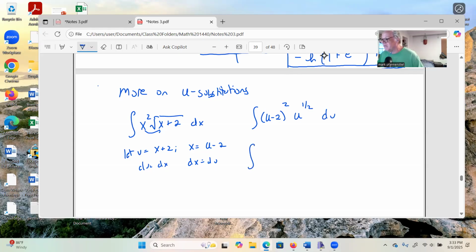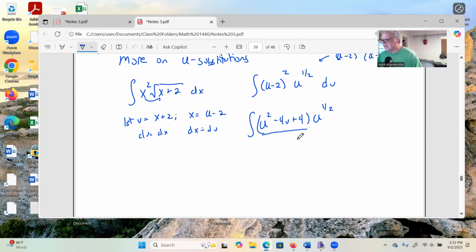So let's go ahead and multiply this out. Just FOIL this out. So this is going to be u squared minus 4u plus 4 times u to the 1/2 power. I just went through and very quickly did u minus 2 times u minus 2. You might have to go through and FOIL this out yourself. That's fine. But this is what you're going to end up with.